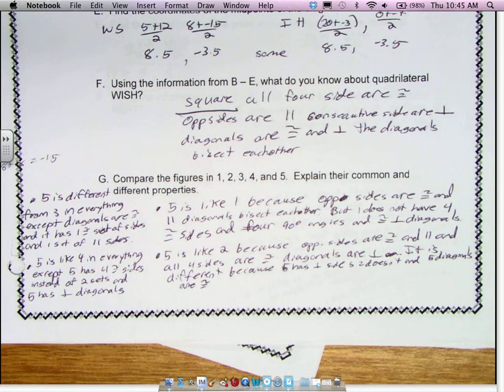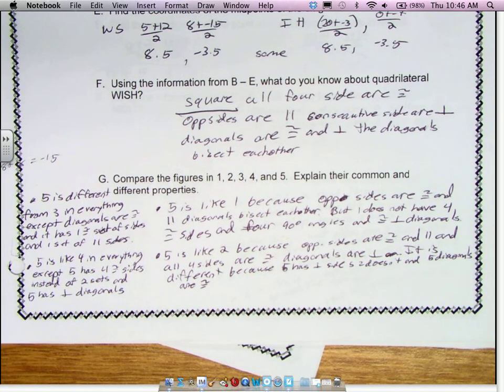5 is like 1 because opposite sides are congruent and parallel. Diagonals bisect each other. But 1 does not have 4 congruent sides and 4 90-degree angles and congruent perpendicular diagonals. 5 is like 2 because opposite sides are congruent and parallel, and all four sides are congruent, diagonals are perpendicular.